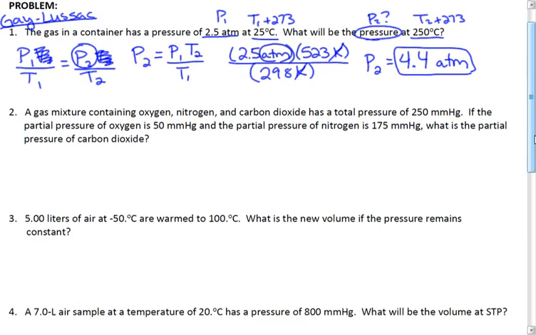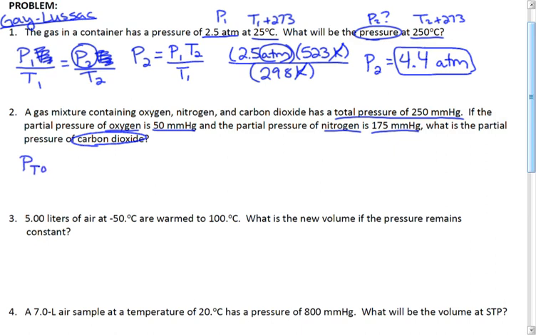Okay. Problem 2, we have some gases mixing together to give us a total pressure of 250 millimeters of mercury, and it tells us the partial pressure of oxygen is 50. The partial pressure of nitrogen is 175. What is the partial pressure of carbon dioxide?